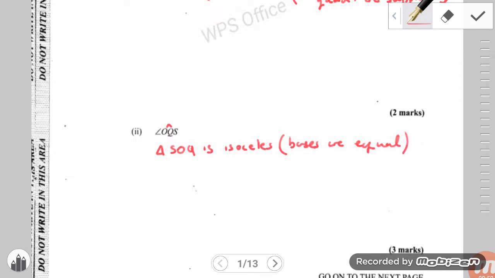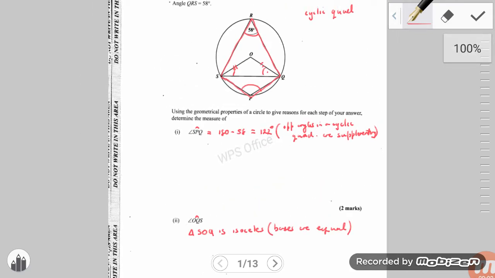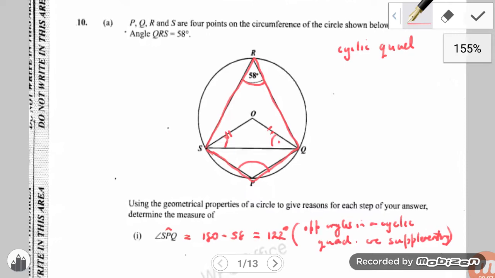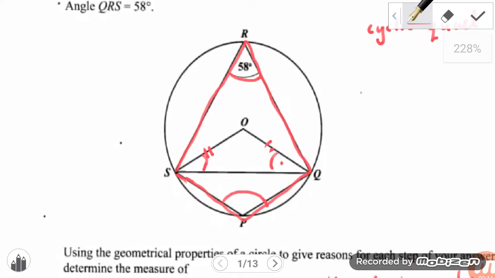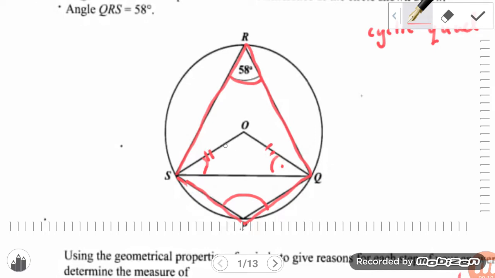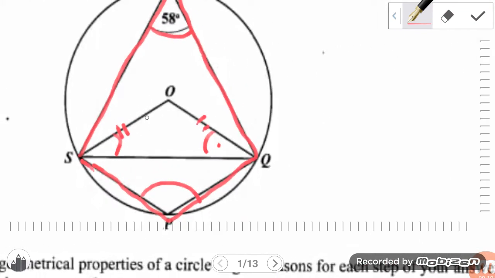Or we can just say radii of the same circle are equal, hence SOQ is an isosceles triangle. But what I also notice here, guys, is that there is an angle at the center of the circle.